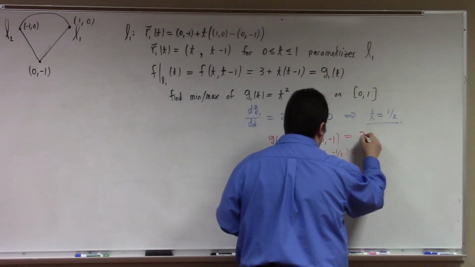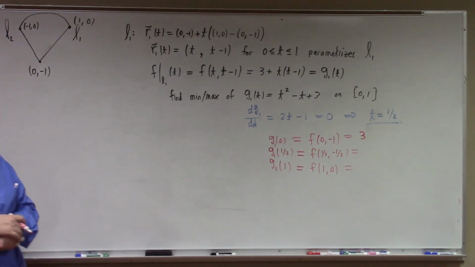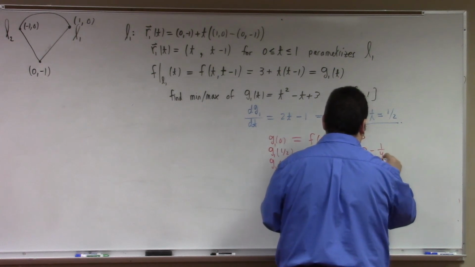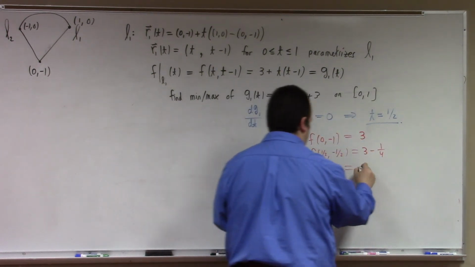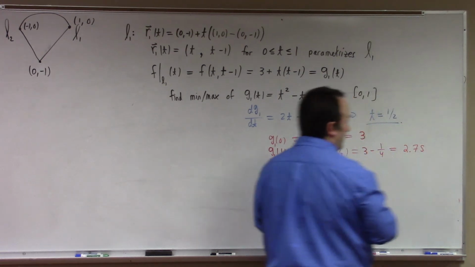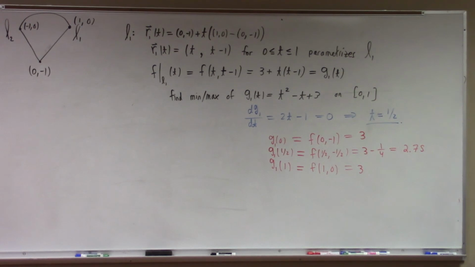We got a 3. We got a 3 minus 1/4, right? And we got a 3 again. So of course this is 2.75. So going back to my original picture, we just picked up this point, and this point as other candidates for min-max for the function. All right?